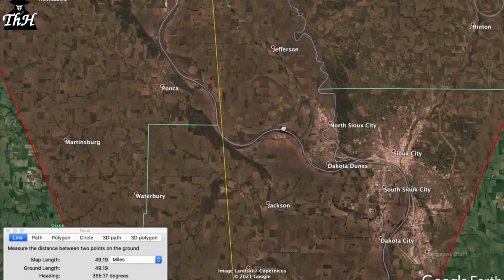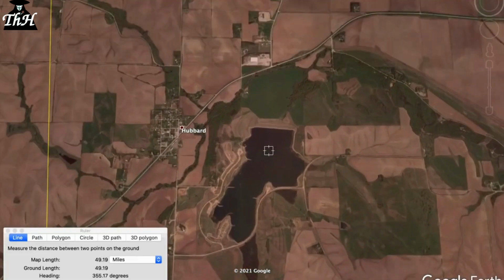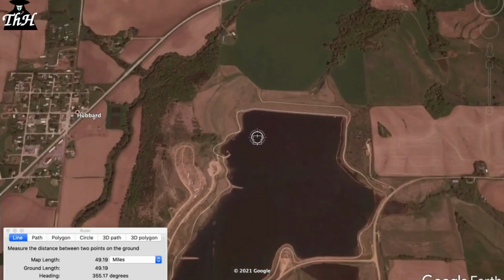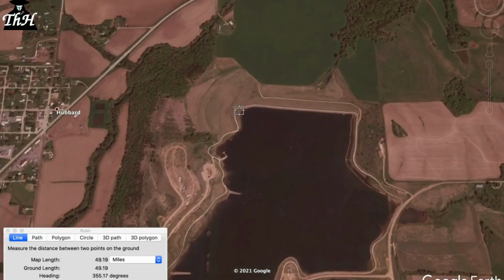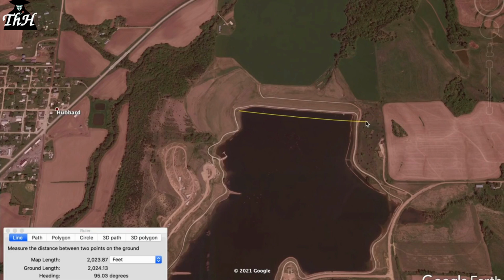And I've done a detailed analysis to actually anchor those 2 points down. So here, we're going to measure the width of this reservoir. Let me set that to feet. I know it's obviously slightly approximate, but around 1780, give or take a few feet there.